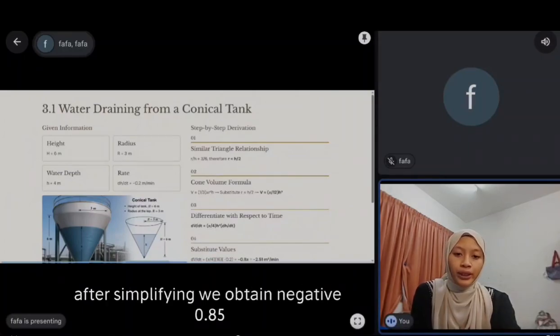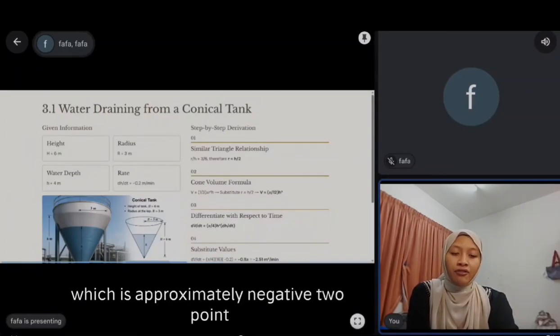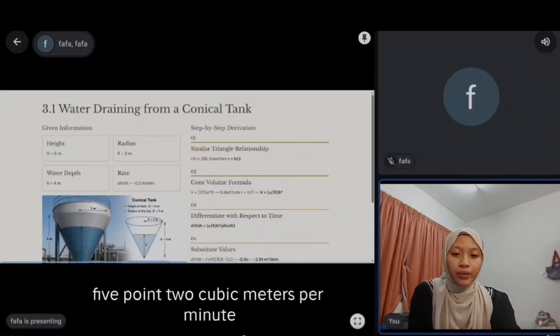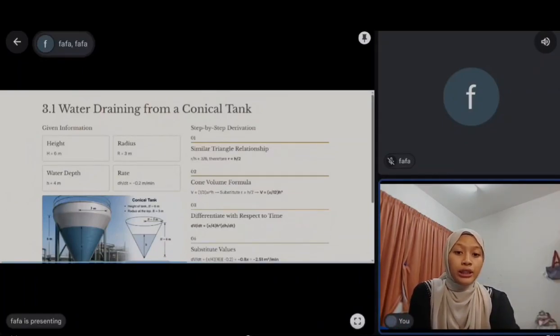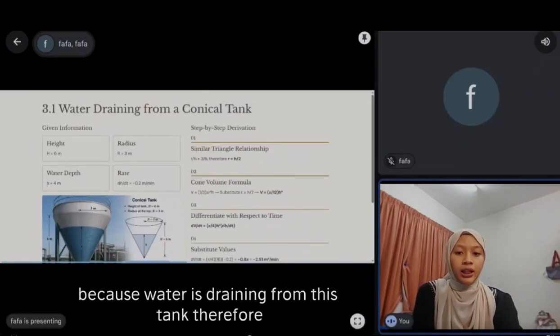After simplifying, we obtain approximately negative 2.5 cubic meters per minute. The negative sign indicates that the volume of water is decreasing because water is draining from the tank.